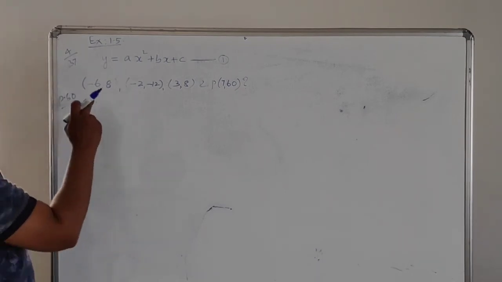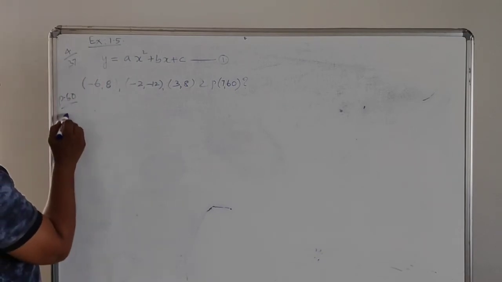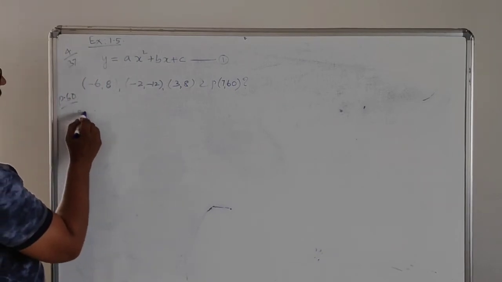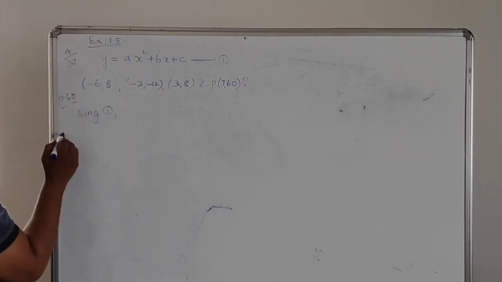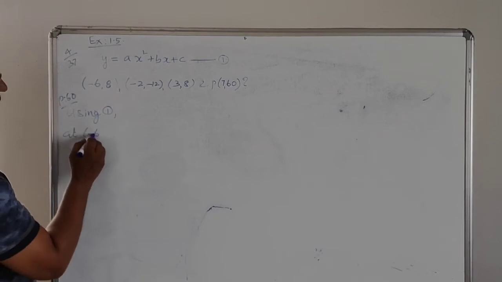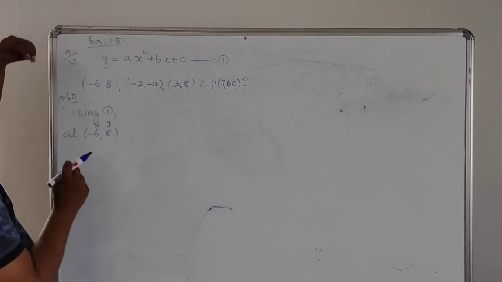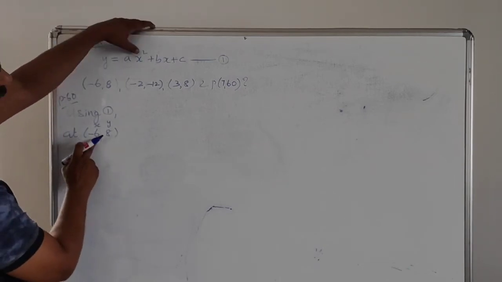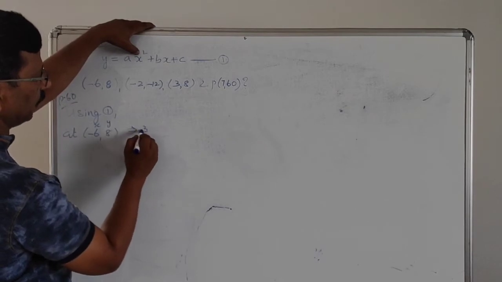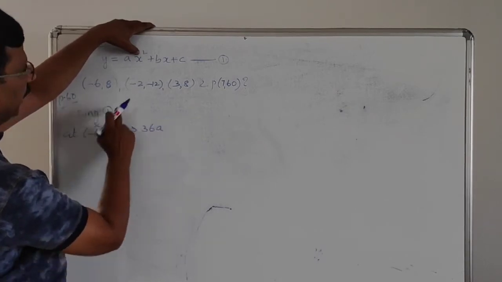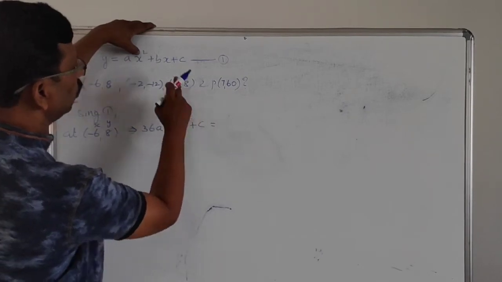Therefore, first here this is equation number 1 you can take. Using equation number 1, first at this point at minus 6 comma 8. Now this is x value, this is y value. Now you have to substitute x as minus 6 here. You can write minus 6 whole square is 36. You can write 36a, then minus 6b plus c equal to y.